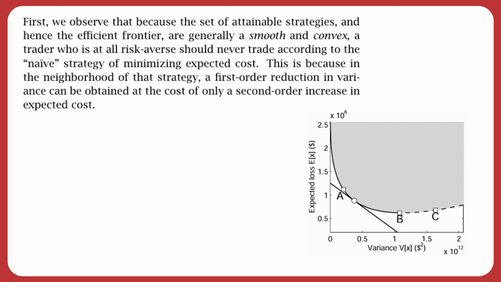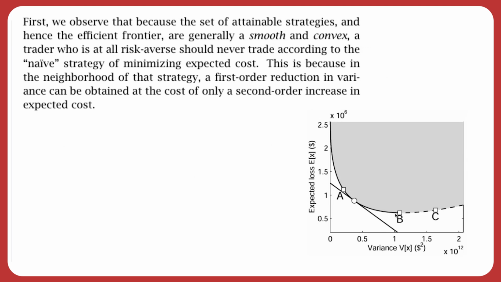So what I'm saying here is basically if you have B and you go to A, you only have a small increase in expected loss, but you have a much, much larger reduction in variance for your optimal strategy. So ultimately, your execution will in fact perform generally much, much better when you go from this naive way of liquidating or building up positions to these more sophisticated ways, using the Almgren-Chriss model, for example.